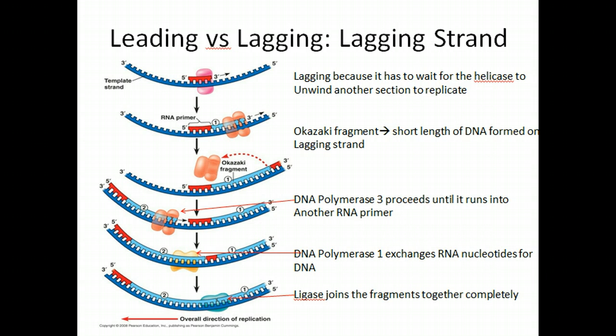Let's take a look at that in a little more detail. So you have your first round of replication here. You essentially lay an RNA primer and you proceed in the 5' to 3' direction, only adding at the 3' end. So you're constantly adding here, you're constantly adding here, you're constantly adding here. This occurs until it runs into another polymerase, basically.